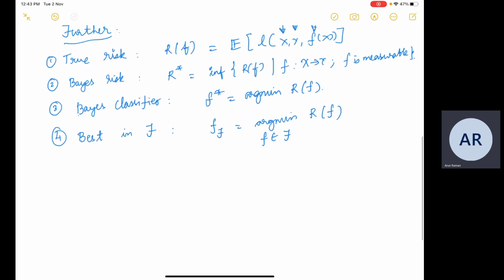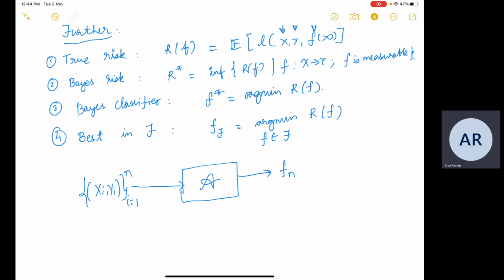Okay, so these were some definitions that we had, and based on this we also discussed the estimation error and approximation error, so we'll not recap that now. Now what we have is, let us say, an algorithm A which takes in the n data points, and it gives out a function fn.